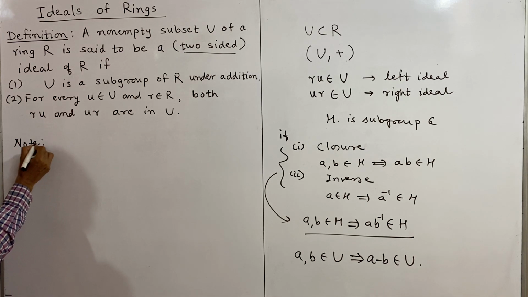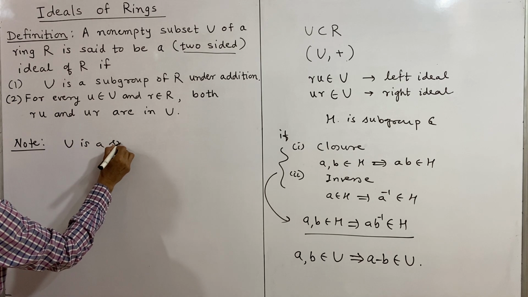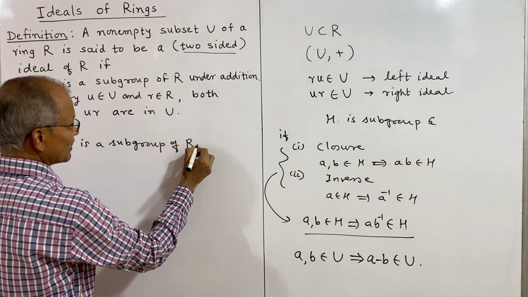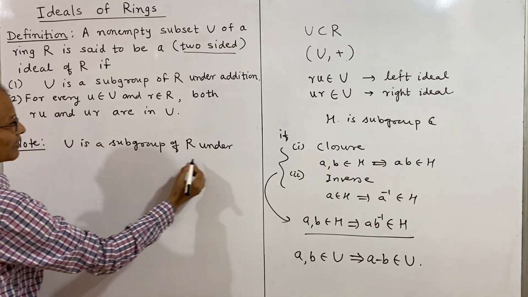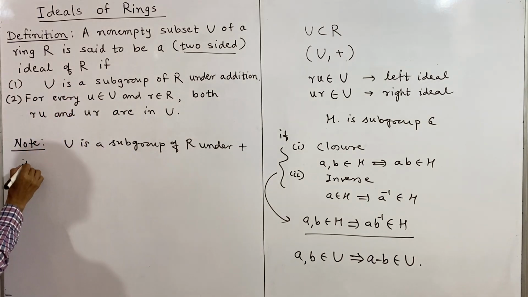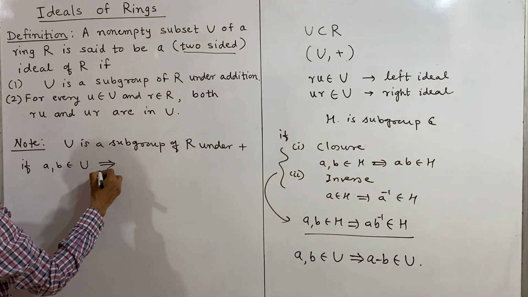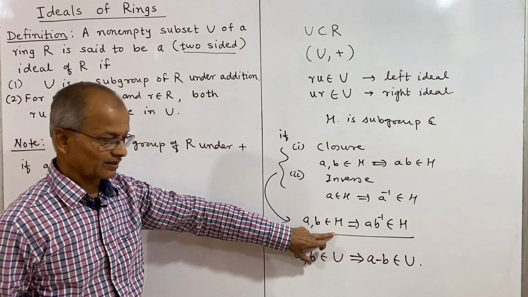So we shall write it as U is a subgroup of R under addition if a, b belongs to U implies a minus b belongs to U. Both these conditions, closure as well as inverse, are combined in this one condition.